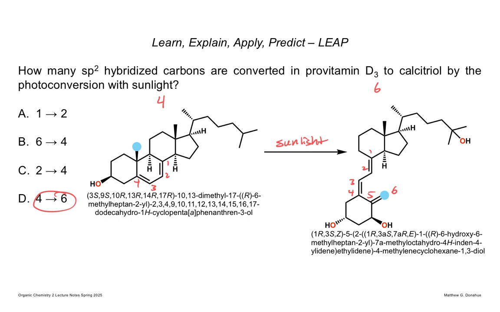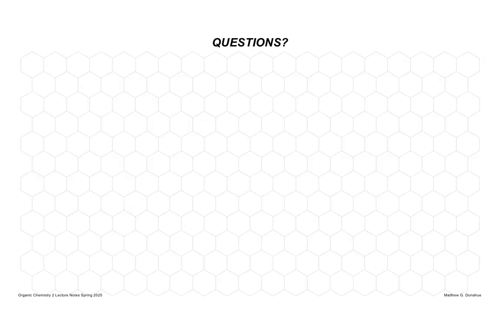So this is probably a little bit more complex example of dealing with conjugation, but what's interesting about it is, again, the conjugated pi system is what makes this happen. So again, to reiterate, we would pause for questions at this point.